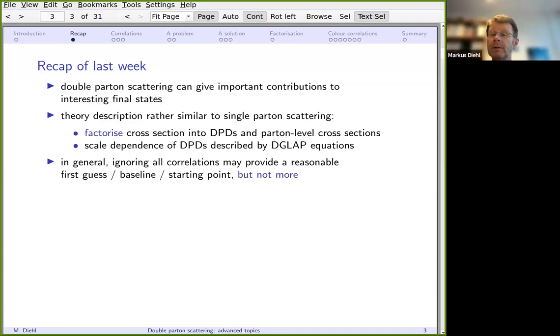Then we had some discussions about how double parton distributions probably differ from just the product of two ordinary parton densities. If one makes the simplest assumption that the two partons don't care about each other, at least as far as their x momentum space dependence is concerned, then one gets a very handy formula.